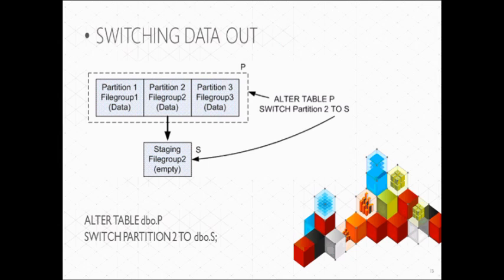You can apply this to switch data out. You apply the ALTER TABLE command to the partition table and add the switch option. It will identify the source partition, then specify the empty destination table.